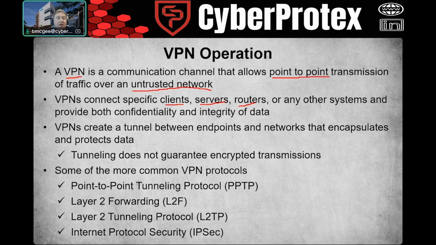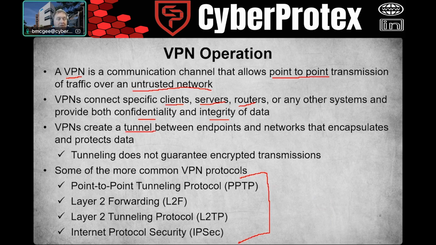It gives you not only confidentiality, but integrity as well by hashing, and then allows you to create what's called a tunnel between the endpoints using different protocols. And those protocols are shown down here.